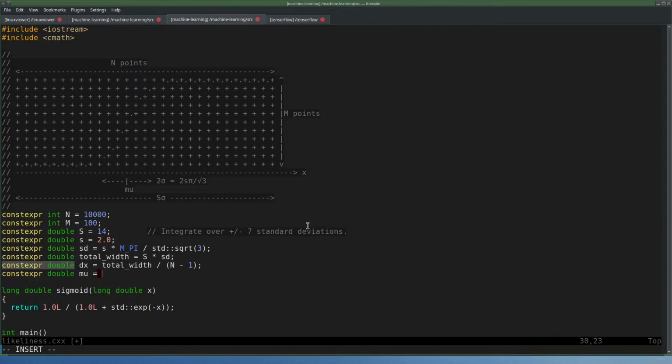Let's say we just integrate from 0, because that should not make a difference. And then I'm going to put mu at about the total width times about a half, but not quite. So 0.6. Nah. 0.4.